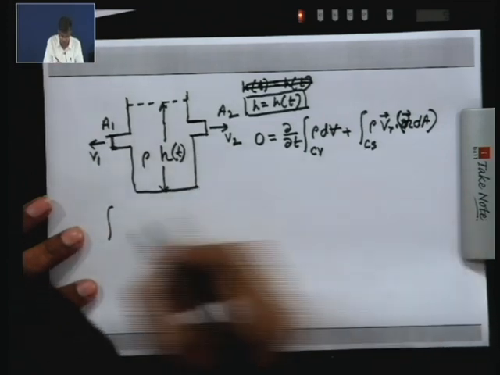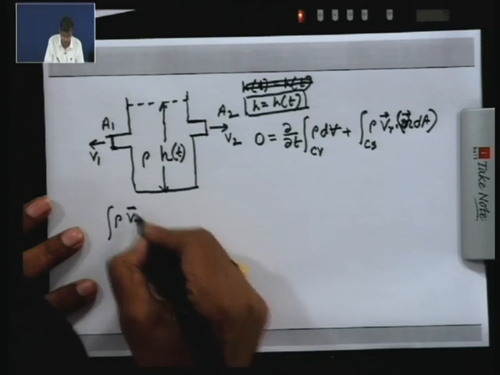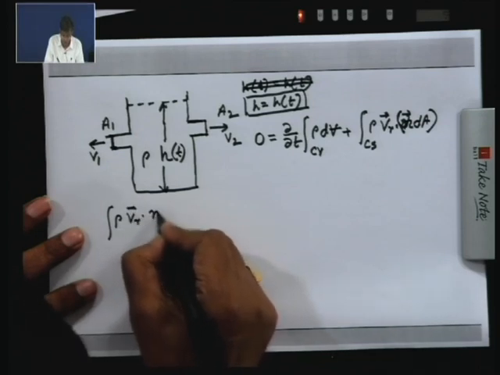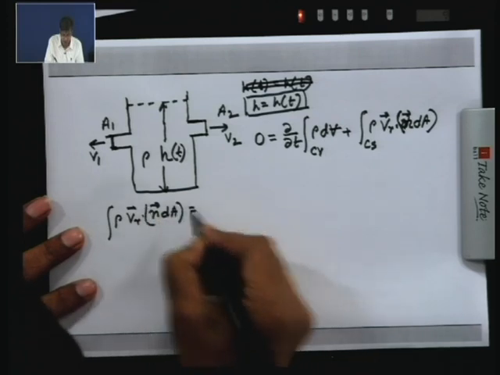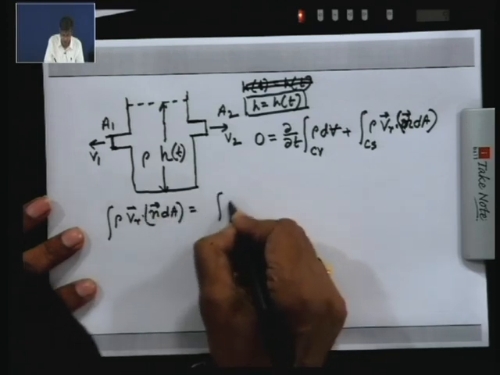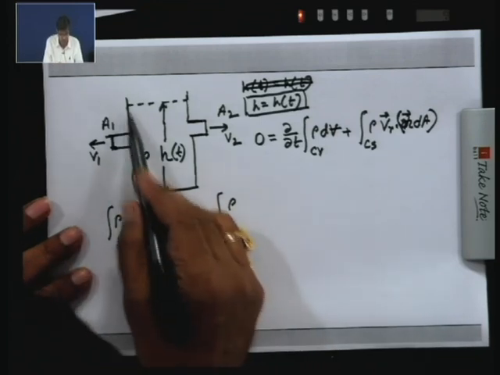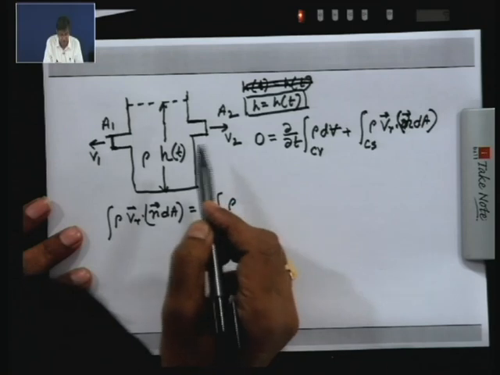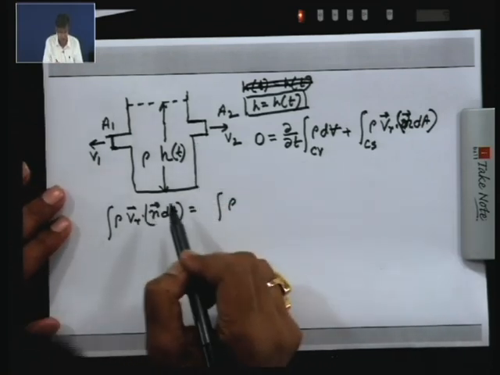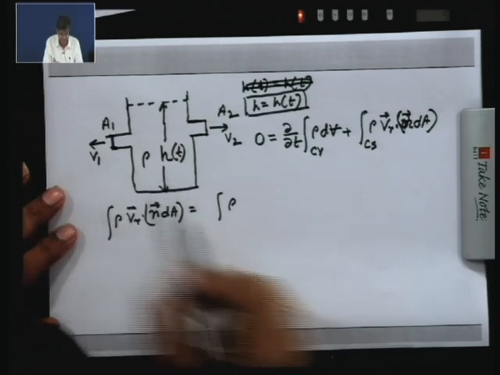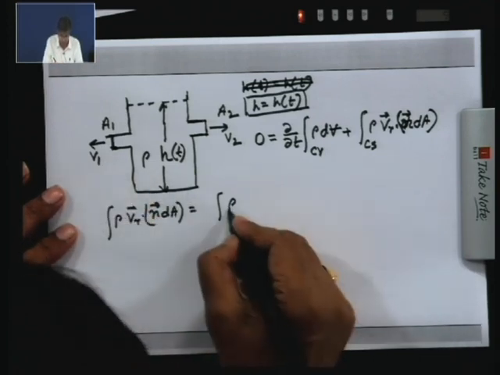So the second term can be written as rho, and Vr is simply V because it is the absolute velocity; there is no question of relative velocity here. Velocity with respect to a static reference frame is the same, so unnecessarily I am not writing Vr, it is simply velocity V.